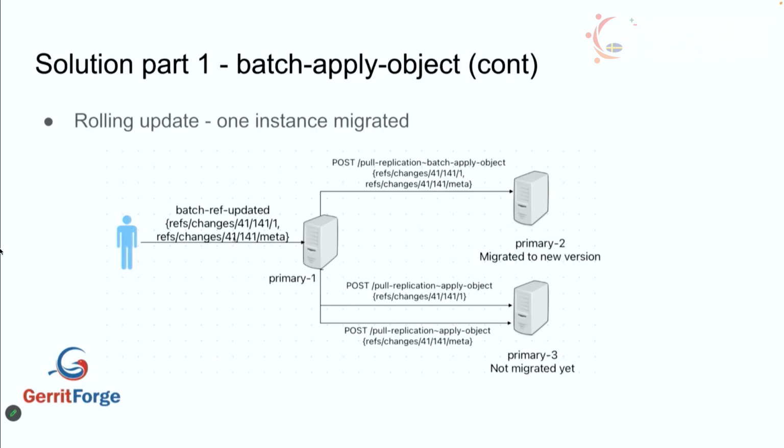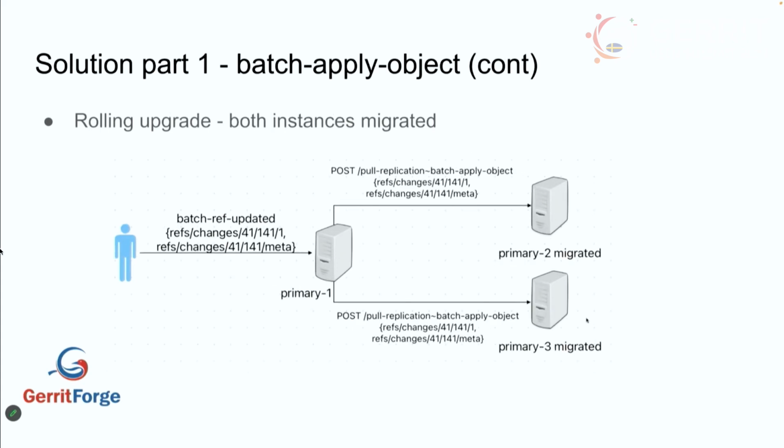In this case, for the same message, primary 1 knows, based on the config, that primary 2 supports batching, so it's going to send just one request targeting the batch apply object endpoint, and the payload will include both refs. However, for the primary 3 target, which has not migrated yet, we are going to follow the old behavior, which is targeting the apply object, and we're going to have 2 requests, 1 per ref.